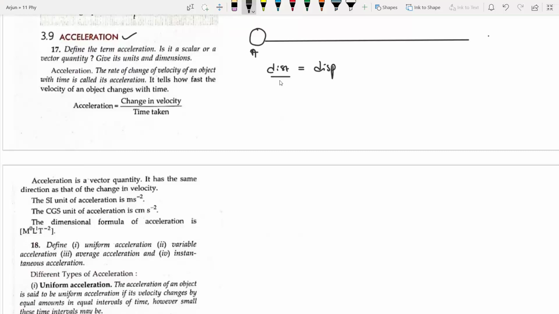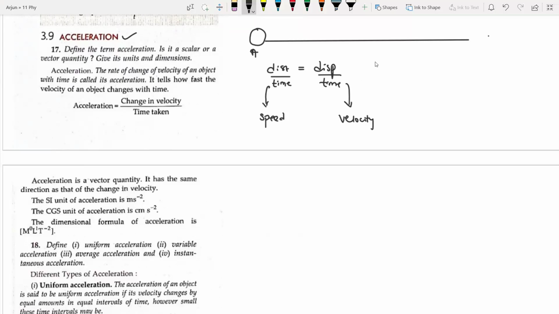The rate of change of distance, with time in the denominator, is nothing but speed. The rate of change of displacement is nothing but velocity.